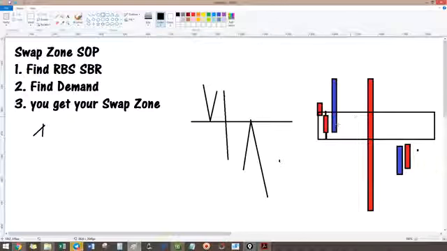You have something like this in candlestick form, and you have something like this in SBR RBS.